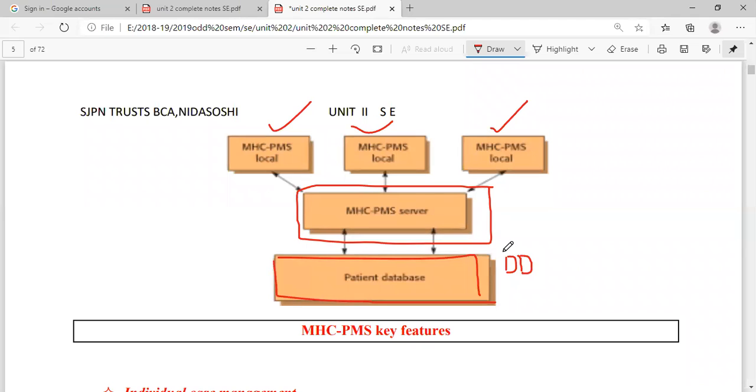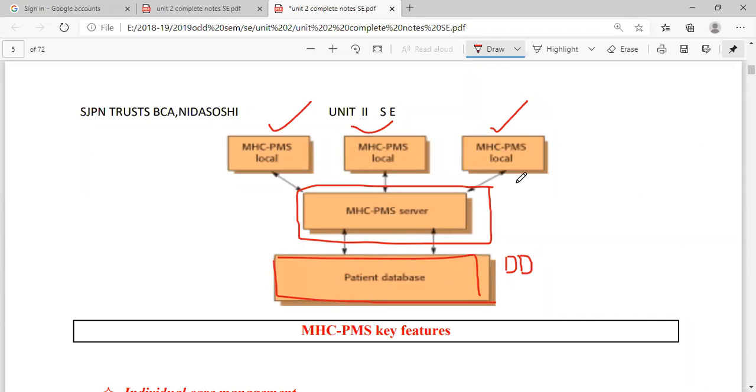So here, why is it called distributed? Because this database is made available to n number of clinics through the internet or through a network. Not only the internet, but also through a network, right? There are different types of networks like LAN, which is called a local area network, MAN, metropolitan area network, WAN, that is wide area network, and PAN, which is personal area network.